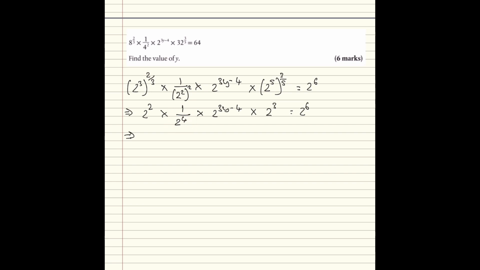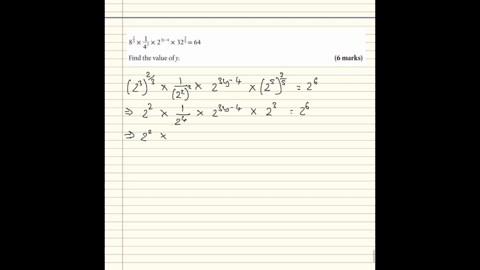Now 1 over 2 to the power of 4 can be written as 2 to the power of negative 4, using our law of indices that we've done previously on our recap examples. So I can write 2 to the power of 2 times 2 to the power of negative 4. However, remember when we multiply indices, we have to add the powers. So 2 take away 4 just becomes negative 2. So we can actually take this away and put 2 to the power of negative 2.